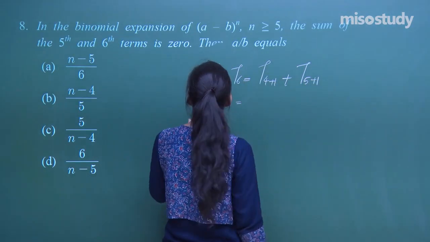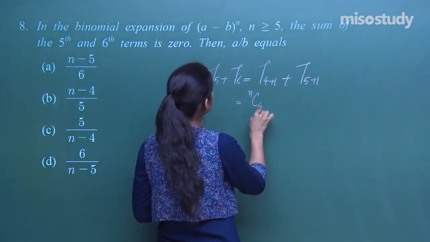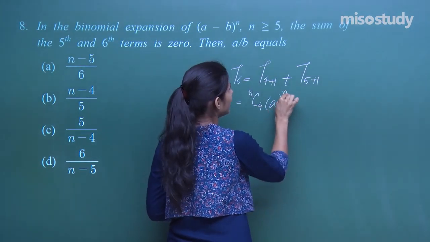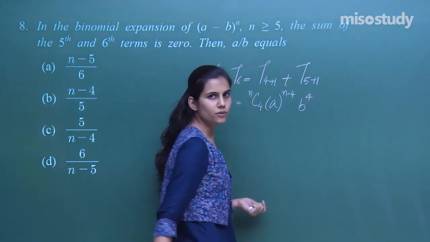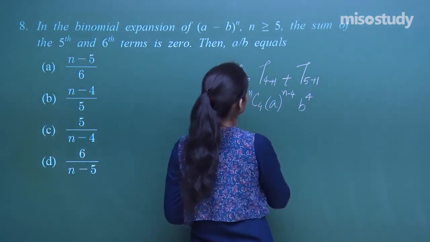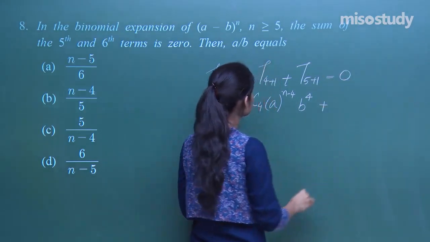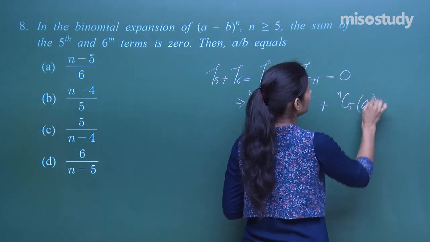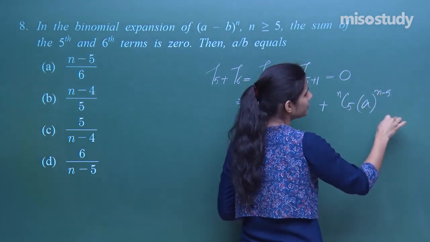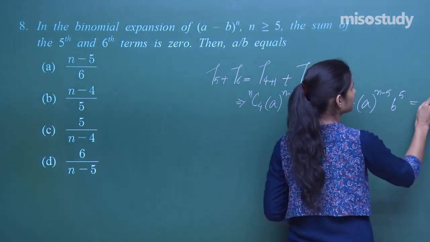Fine. So now what you have is nC4 a to the power n minus 4 times minus b to the power 4, which is same as b to the power 4. This plus this is actually coming out to be 0. So this plus again nC5 a to the power n minus 5 times minus b to the power 5, or b to the power 5, and here it will be minus 1.